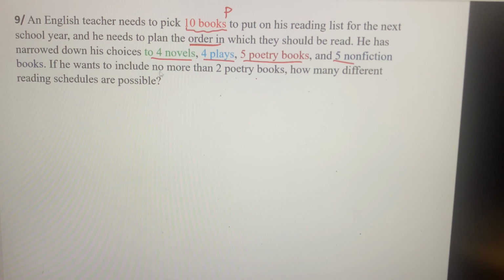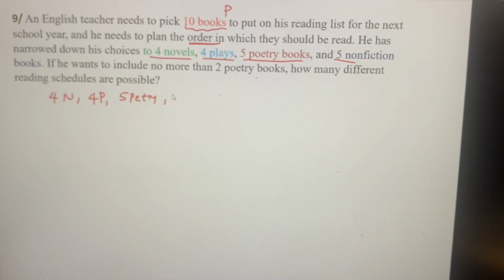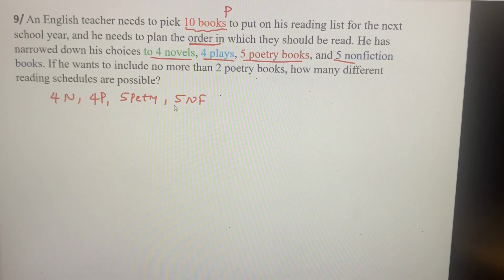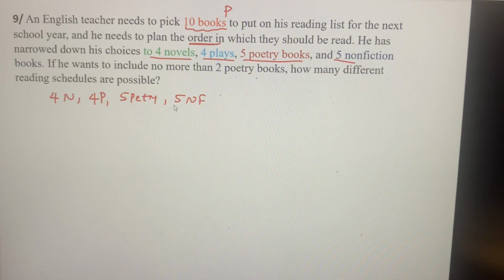So I have 4 different types. 4 of them are novels, and then 4 of them are plays, and then 5 of them are poetry, and then 5 of them are non-fiction. Out of all this, he wants only 10.